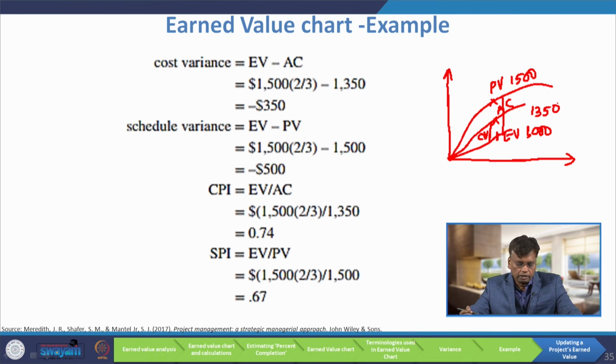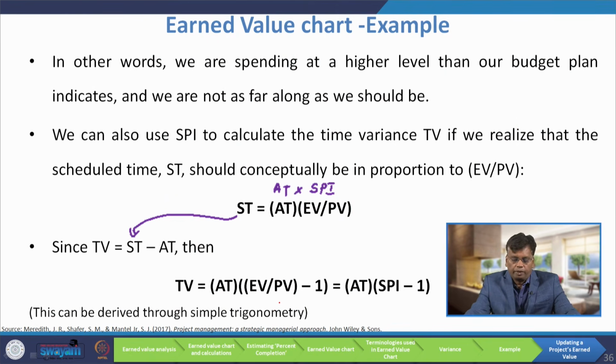That is the schedule variance. The cost performance index is EV upon AC: EV is 1500 multiplied by 2/3, upon the actual cost of 1350, and we get 0.74. The schedule performance index is EV upon PV, and we get 0.67. Both ratios are less than 1, which is not desirable. In other words, we are spending at a higher level than our budget plan indicates, and we are not as far along as we should be, because we are lagging.